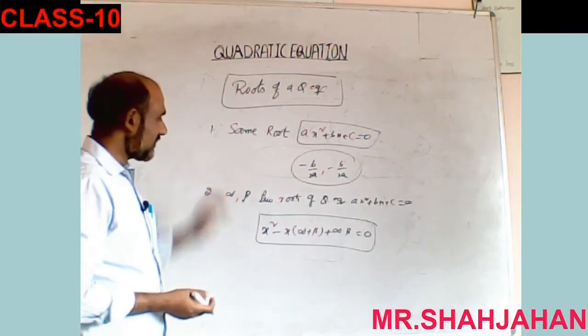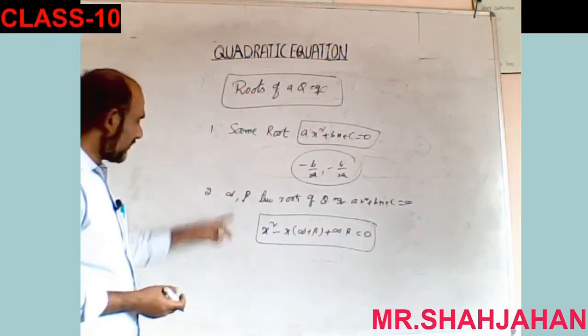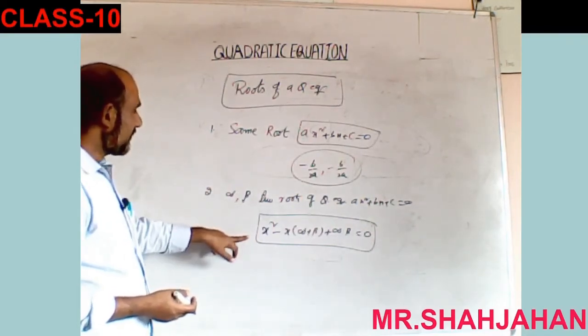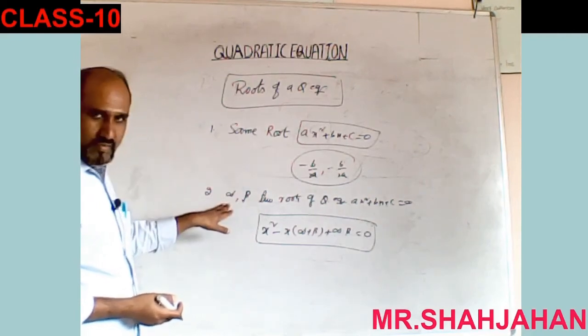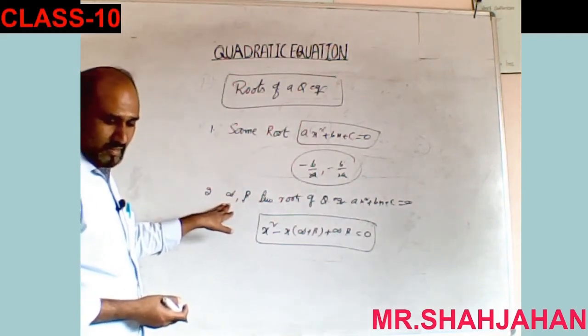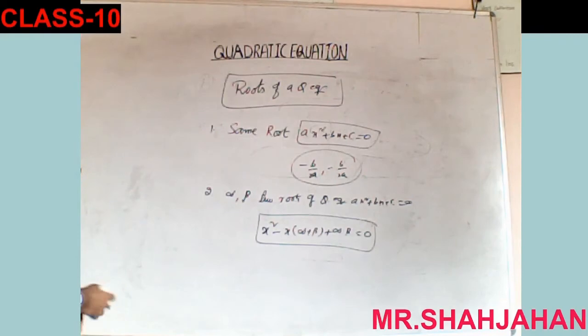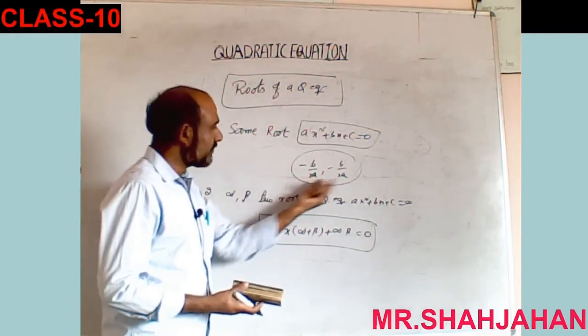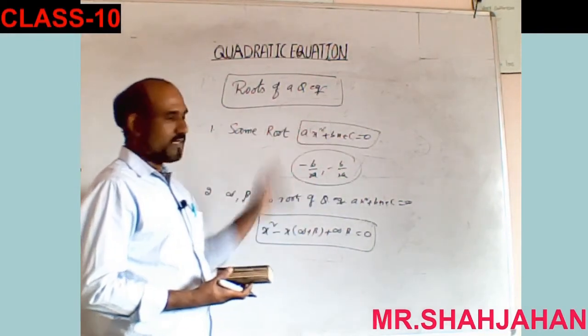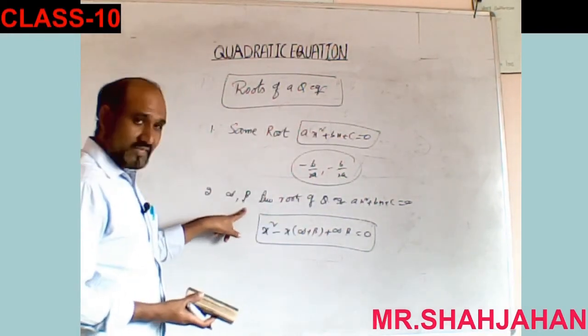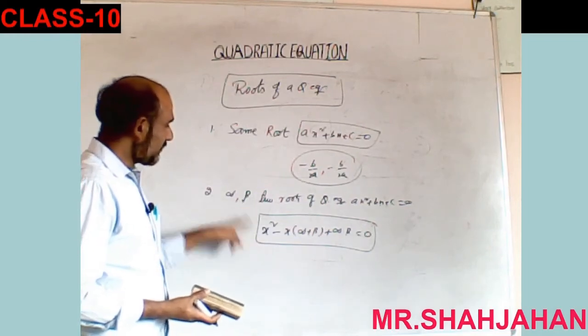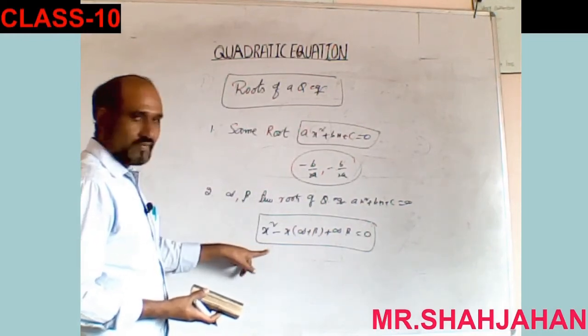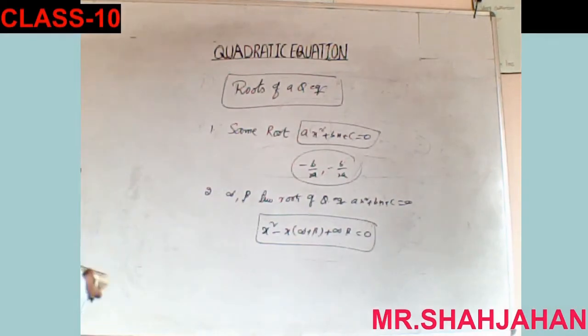By using this, we can find the quadratic equation with the help of alpha and beta. Okay, so remember, when they have the same roots, minus b by 2a, minus b by 2a are the roots, the same roots. And if they have different roots, by using this we can find the quadratic equation.